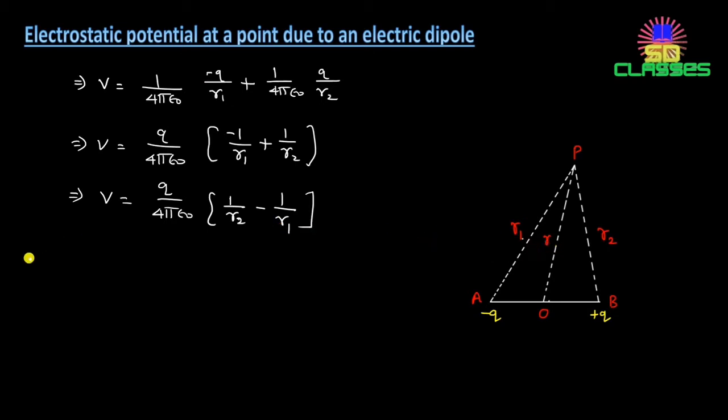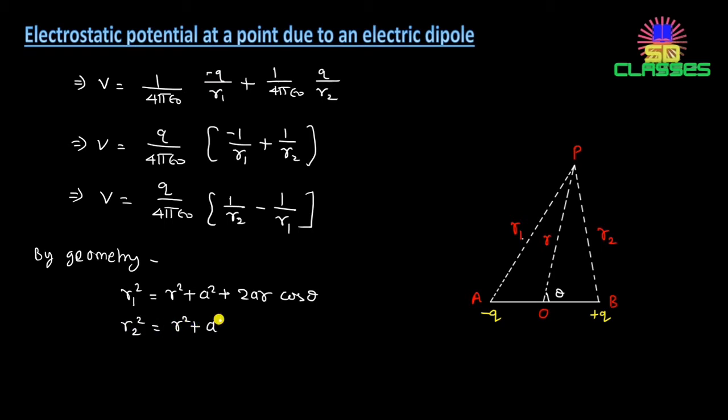So for replacement I should use geometry. By using geometry and Pythagoras theorem, I can write r1 square is equal to r square plus a square plus 2ar cos theta, where theta is the angle here, and r2 square is equal to r square plus a square minus 2ar cos theta.